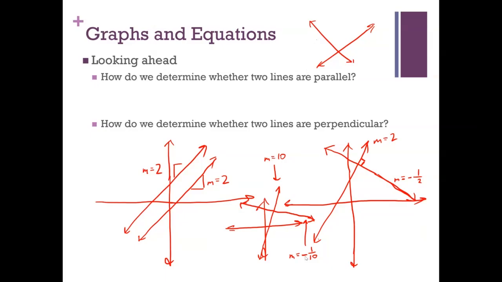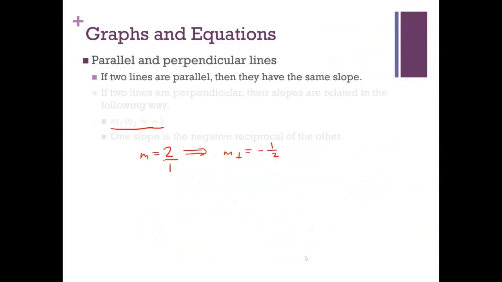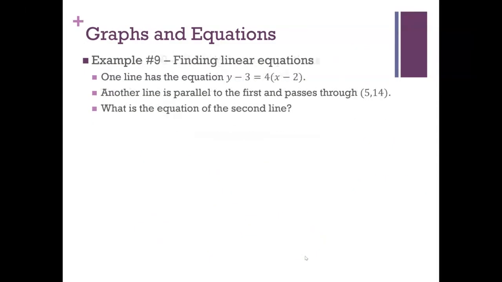What else? Right, let's do a couple things with this, then we'll put the section away. All right, so I have a line with the equation that I'm giving you there. And I have another line which is parallel to it and goes through a different point.